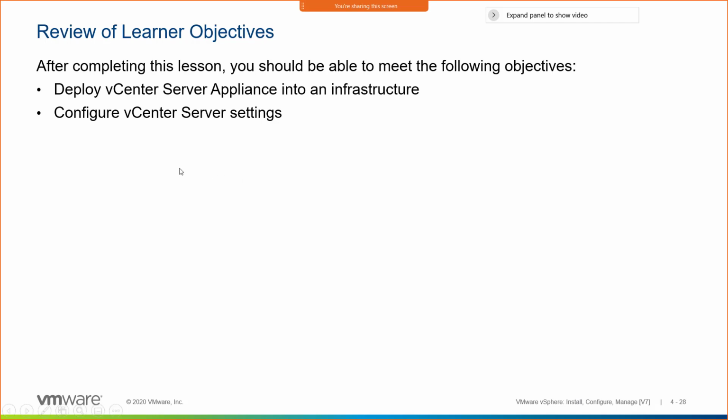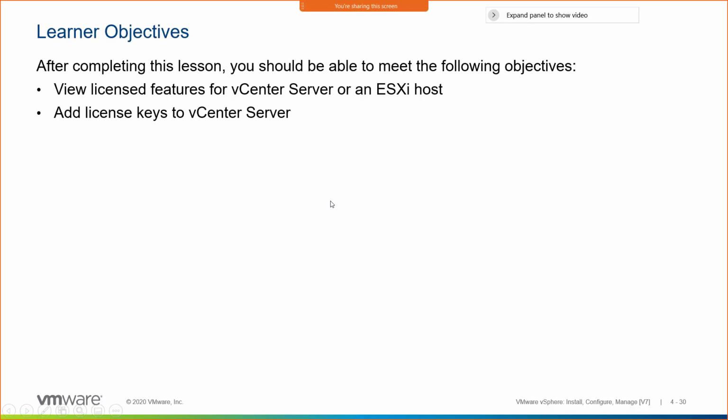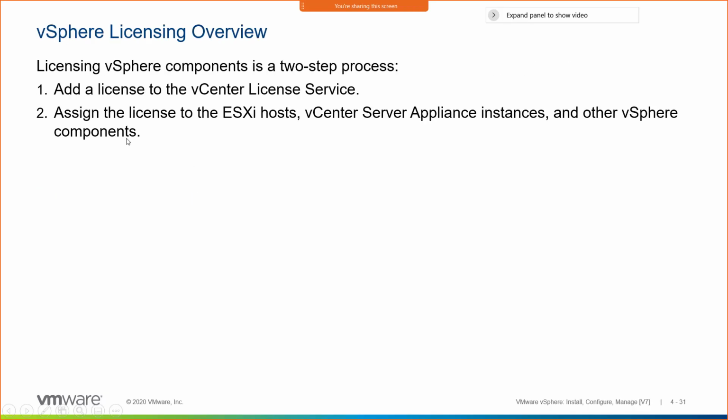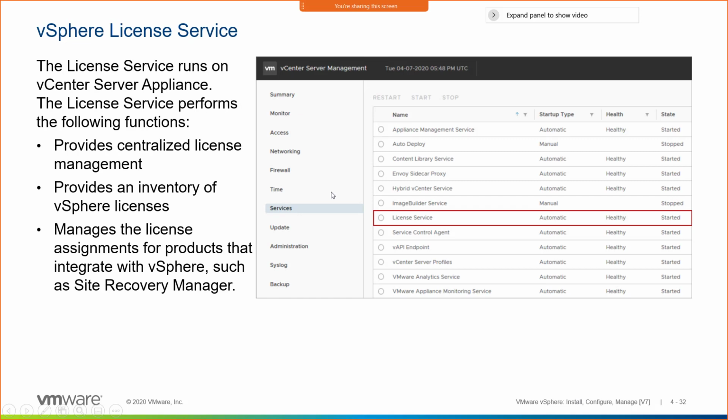We're following all this. And vSphere licensing: it is talking about licensing vSphere components being a two-step process. Add a license to the vCenter's license service, then assign the license to the ESXi host, vCenter Server appliance instances, and other vSphere components. Licenses can be purchased, not provided.